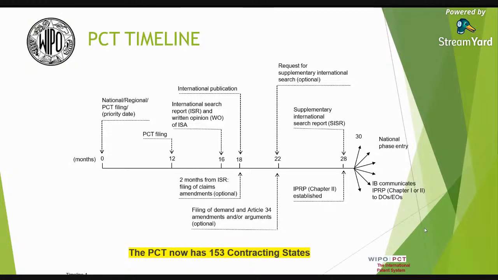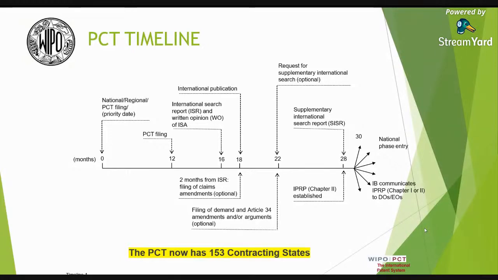Then they issue a written opinion within 16 months, and by the time your application gets published again in 18 months, you may have your ISR reports.